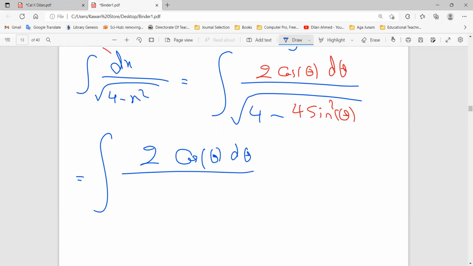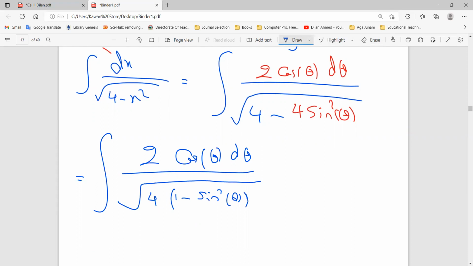I see that one equal to 2 times the square root of 1 minus sine square of theta. I brought 4 and I bring it out. Now it's clear, right?